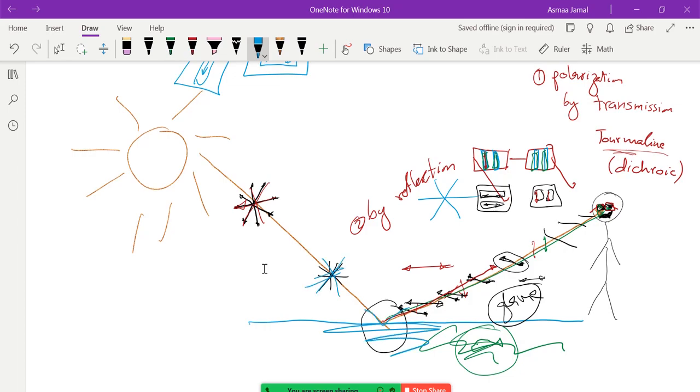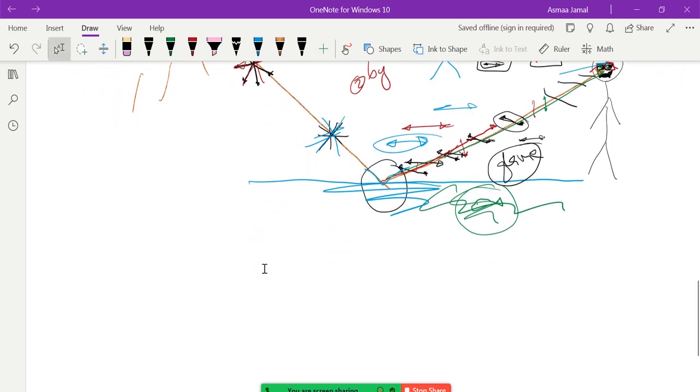The complex one becomes horizontal, but because there's a large amount of horizontal coming to your eyes, that will cause a glare again. So a fisherman, for example, with this glare, cannot see fish below the water. Or those who ski in snow, for example, a white area, the snowing area, have a lot of glare because of the high amount of polarization.